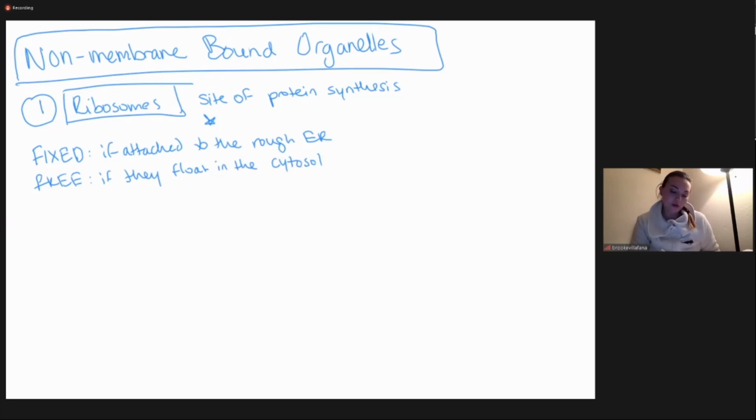If they're attached to the rough ER, they produce proteins that leave the cell, because they went to the Golgi, and then the Golgi shipped them out. If they float in the cytosol, they produce proteins that often stay, though they could be shipped out.